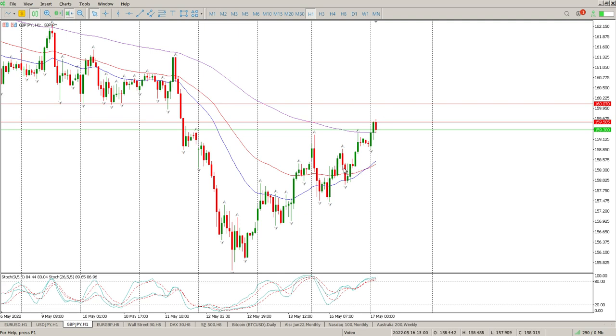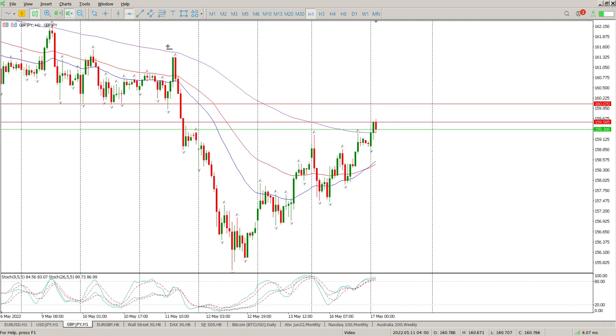We do have a bit of a crossover here, so it could be that if we get above this zone, we're basically looking at a reversal of sorts. But my view at the moment is we're more than likely going to reject between 159.585 and 160.070. There is some UK data coming out this morning, but don't even worry about the data, just pay attention to the charts.